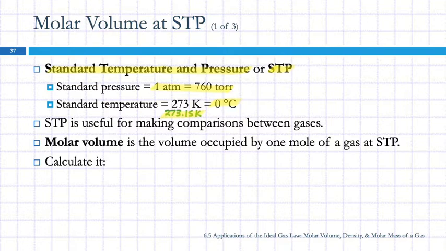So the molar volume is the volume occupied by 1 mole of gas at STP. So we can calculate that. PV equals nRT.